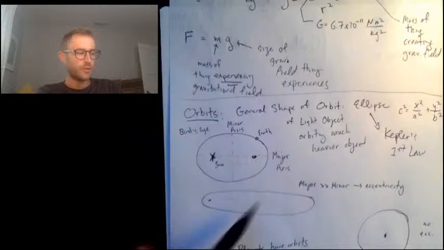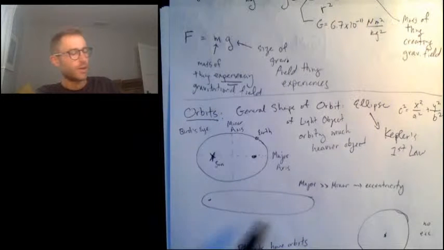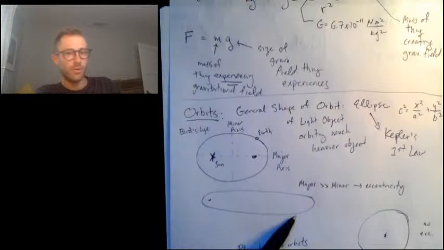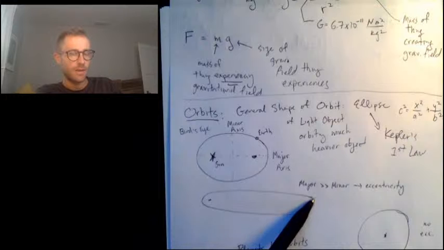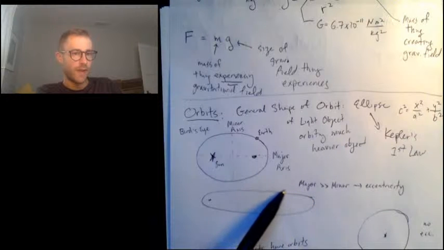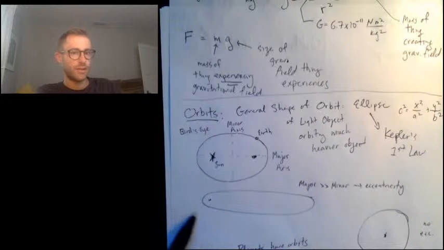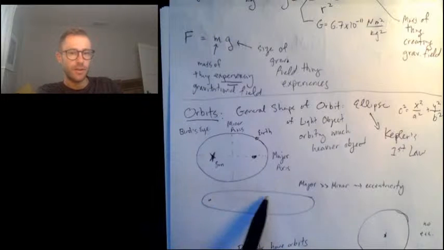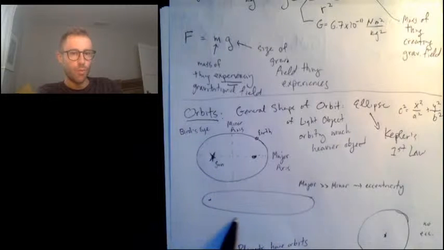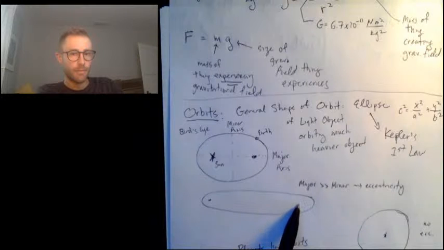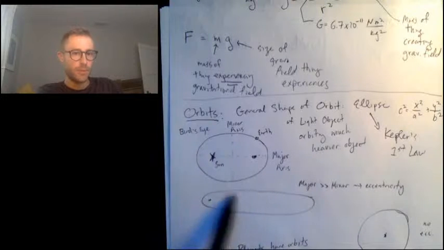Okay, so basically, and same thing with comets. Comets are going really slow out here, and then they go faster and faster and faster as they swing past the sun. So it's kind of like pew, pew.